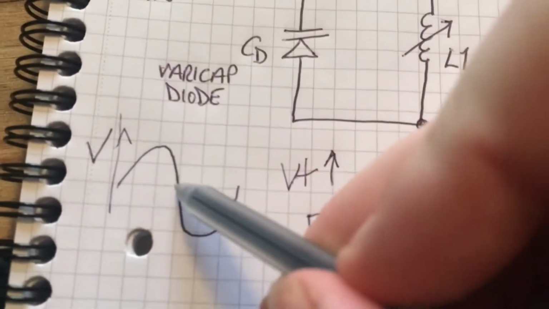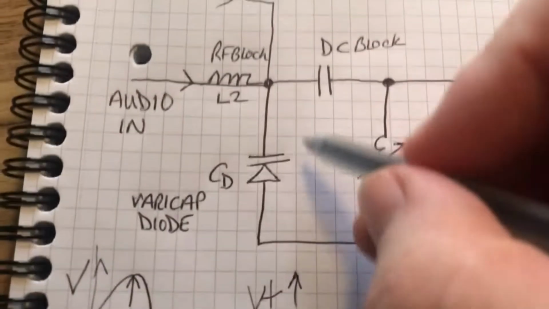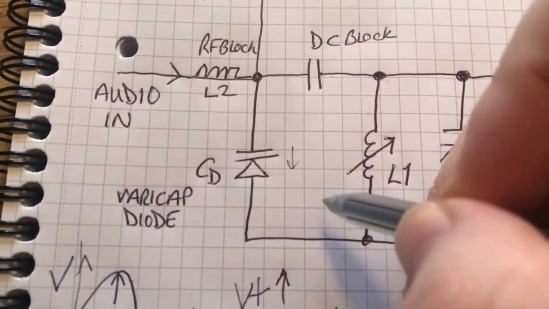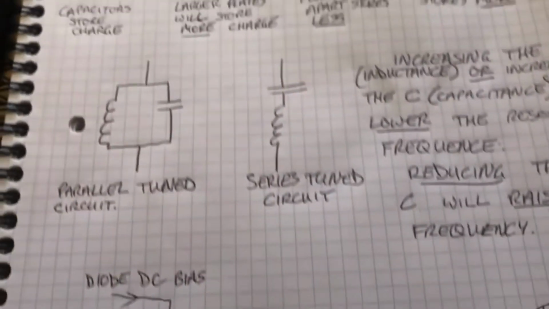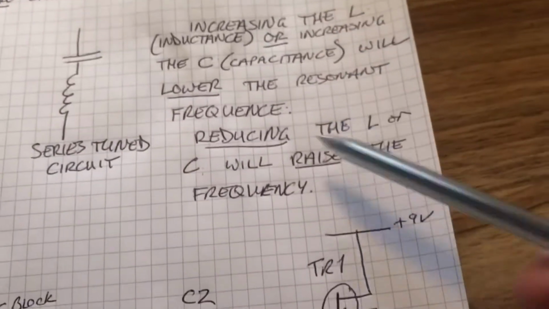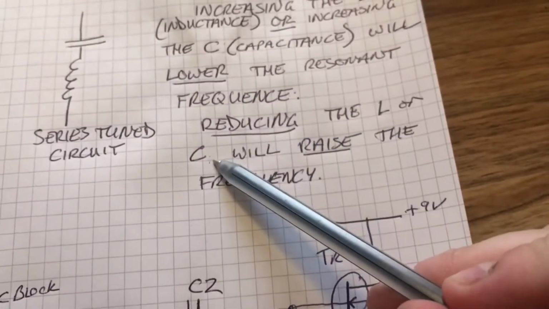Okay, so as your voice goes up and down, as it goes up here, we're going to see a decrease in the capacitance. As we know from the previous section, a reduction in capacitance will raise the frequency.